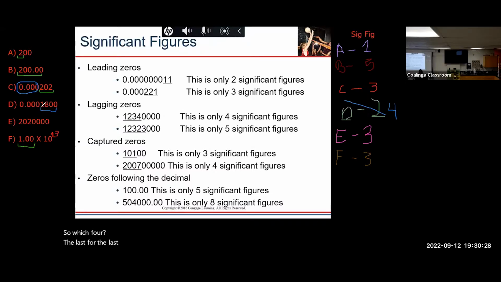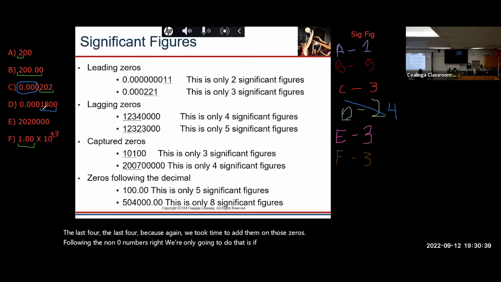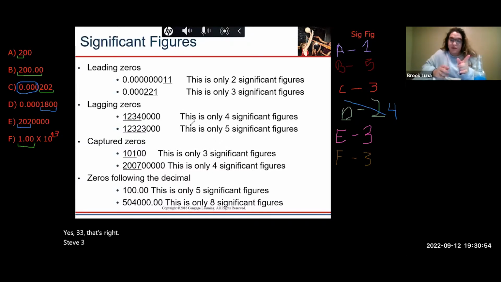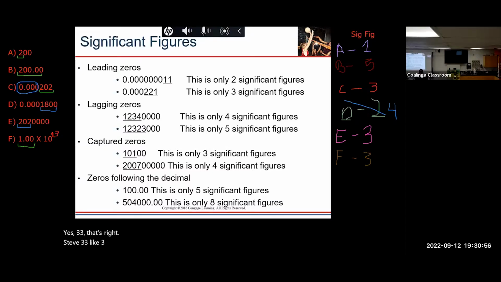Because again, we took time to add those zeros following the non-zero numbers, and we're only going to do that if we know that those numbers are significant and they have importance to us. Okay, what about E? 3. That's right. It's these 3, because E is like A, right? That's right. Okay.